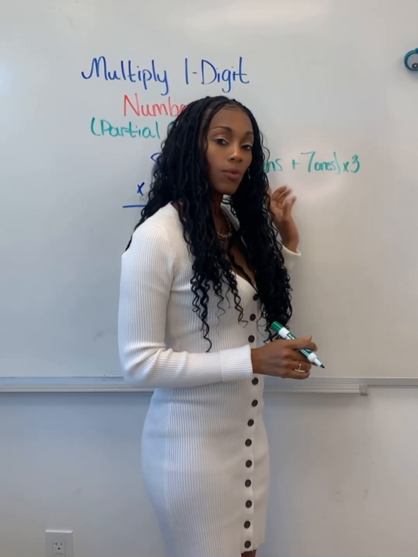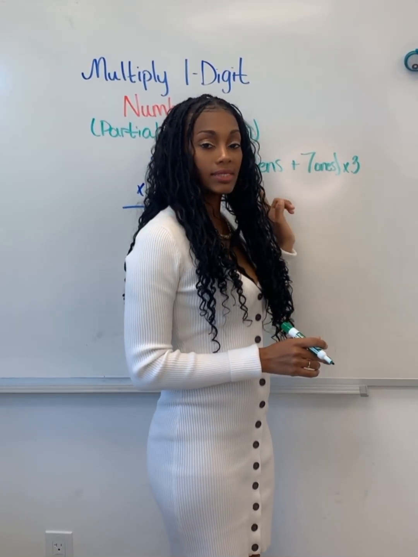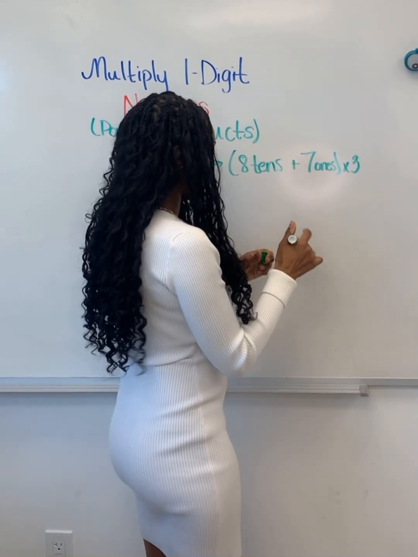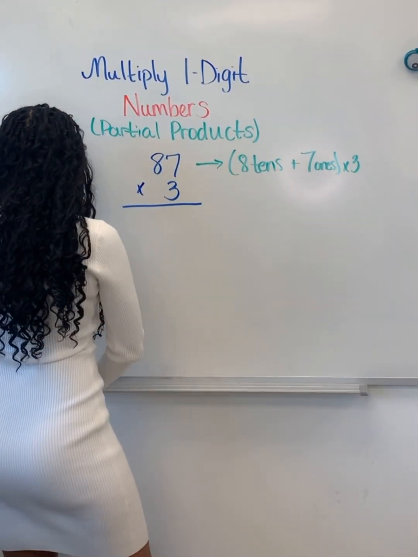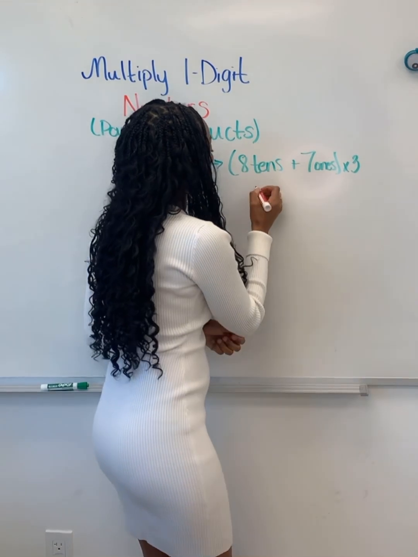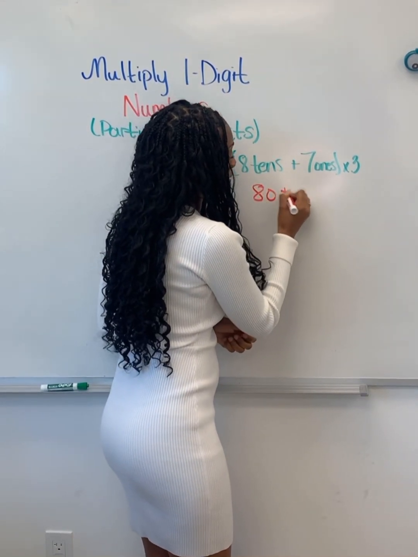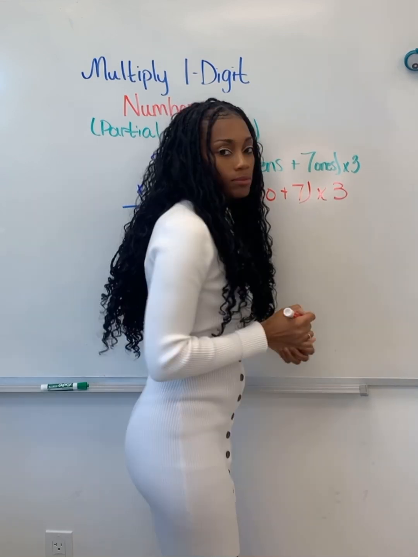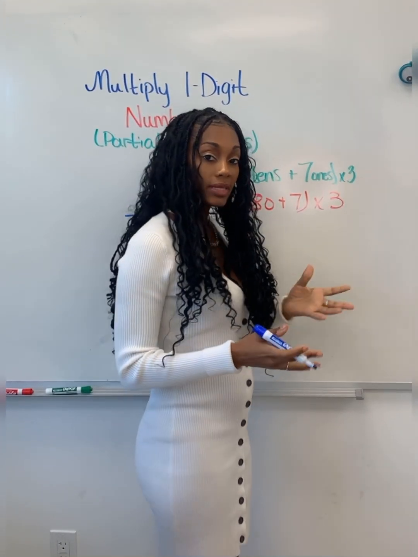Now when I look at what's in my parentheses, 8 tens plus 7 ones, that's going to give me 80 plus 7 times 3.